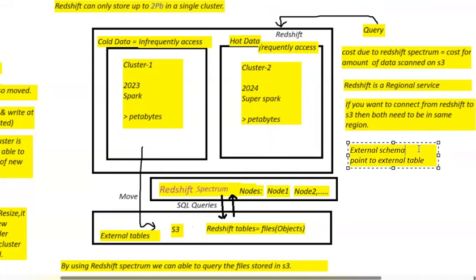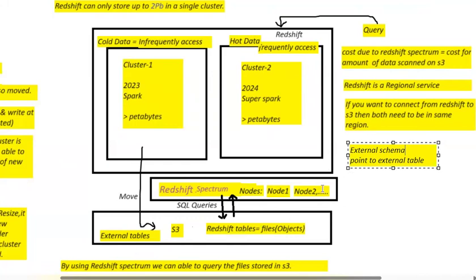By using the external schema, your data is stored under that external schema's tables. Those tables are created under your nodes, the Redshift Spectrum nodes. The data which is present under your S3 creates these external tables under the nodes. So we call those tables external tables.